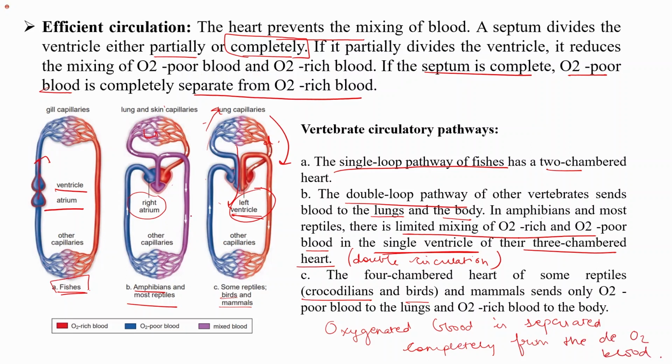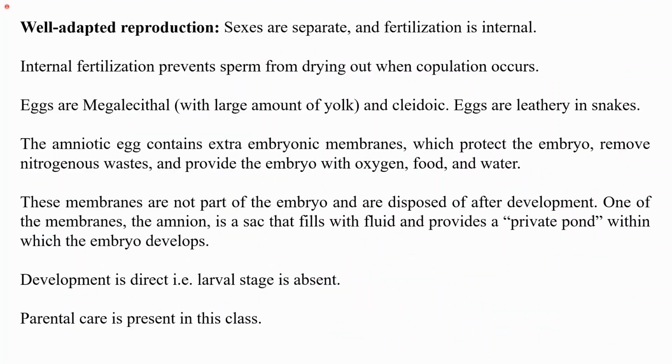It is also a double circulation in which the blood on the right hand side of the heart is deoxygenated, which then goes to the lungs and returns oxygenated to the left portion of the heart, which is then supplied to the other body parts. So there is no mixing of the blood.